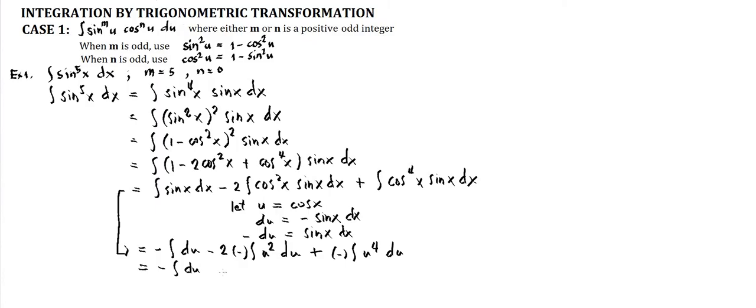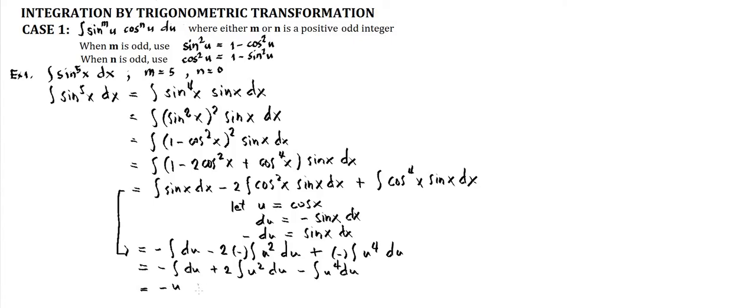So, I will have negative integral of du. Negative 2 times negative 1 or negative is positive 2, and then integral of u squared du. And then positive times negative is negative, integral of u to the fourth du. Kaya mag-integrate na tayo. So, integral of du equals u. So, magkakaroon tayo ng negative u.